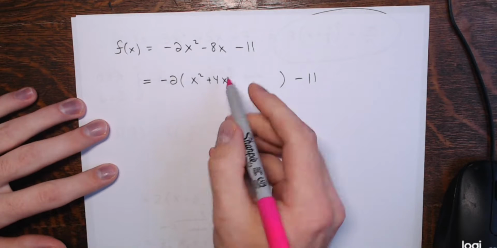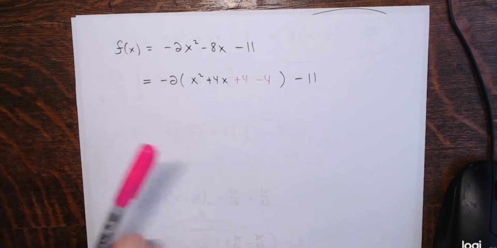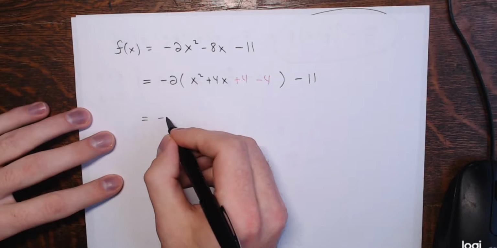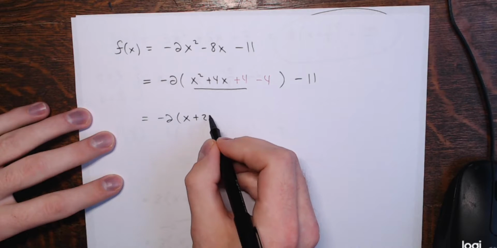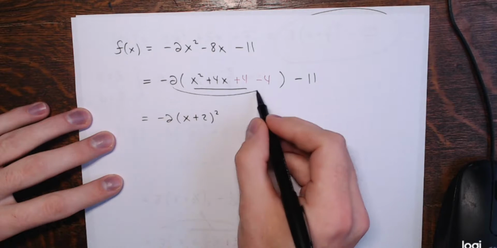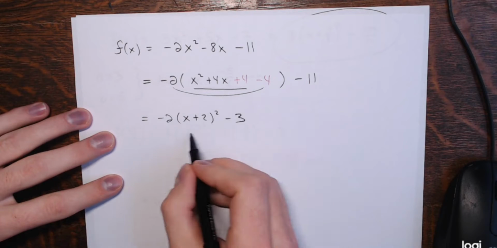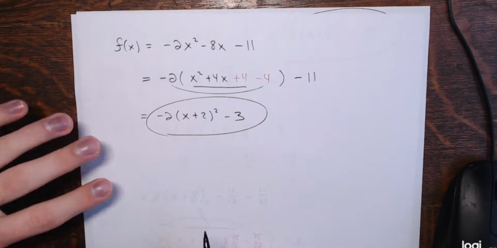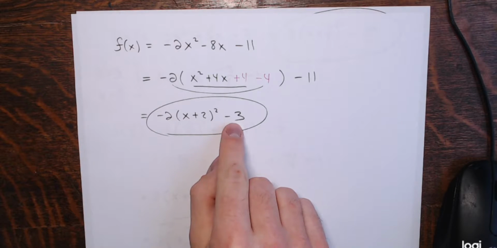Half of 4 is 2, squared is 4, so I'm going to add 4 and subtract 4 in here. So this is negative 2 times these three terms make x plus 2 squared. And then negative 2 times negative 4 is positive 8, but then minus 11 would be minus 3. There you go. The vertex would be at negative 2, negative 3.